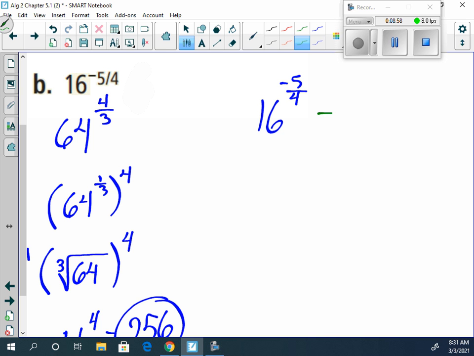Type 16 to the negative 5/4 in the calculator and see what you get. What answer did y'all get?